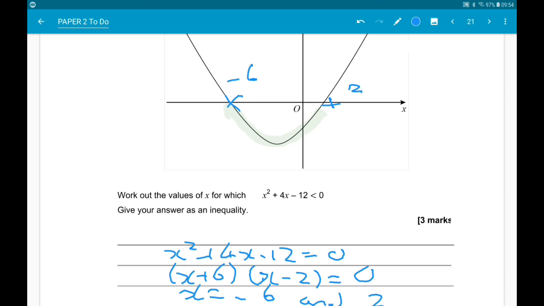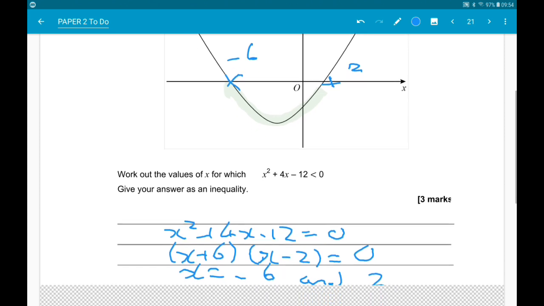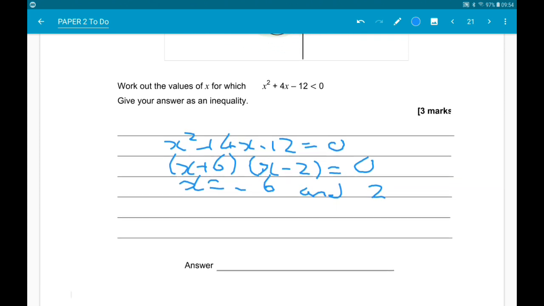So we want the part of the graph between those 2 points. Now x is not allowed to equal minus 6 or 2 because we want the graph to be strictly under the x-axis. So we want x greater than minus 6 and less than 2.